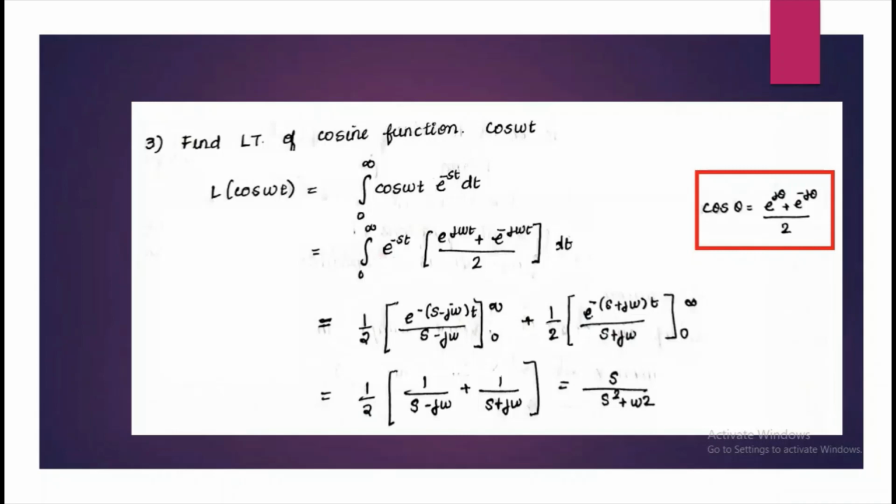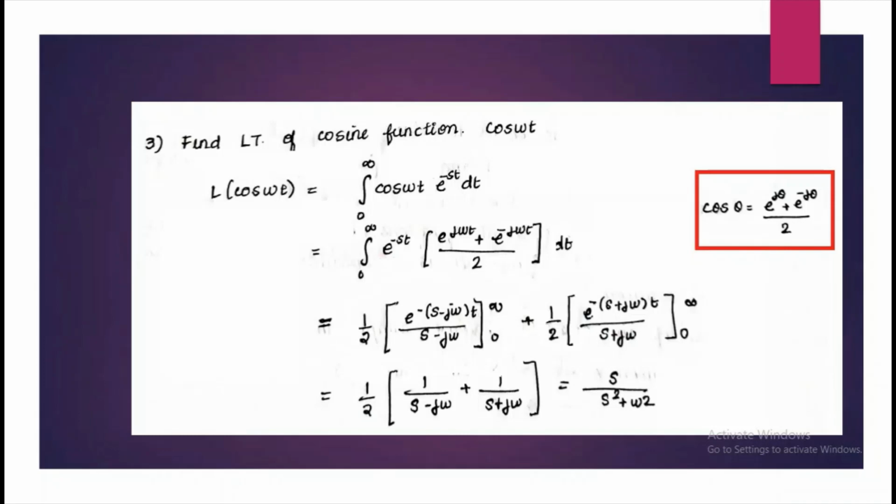Next, if we have to find the Laplace transform of a cosine function cos omega t, Laplace transform of cos omega t is given by the integral from 0 to infinity of f(t) e^(-st) dt. Instead of f(t), we write cos omega t. Here we have to keep in mind that cos theta can be written as e^(j theta) plus e^(-j theta) by 2.